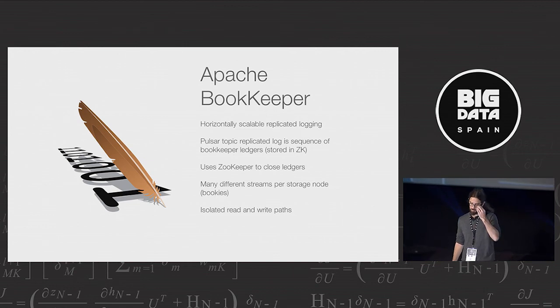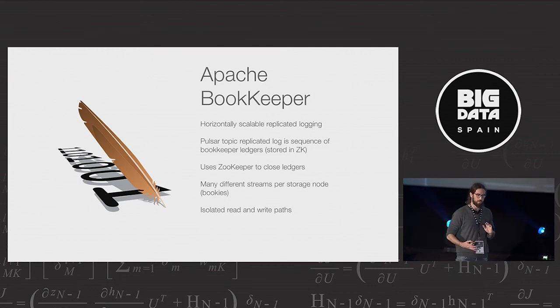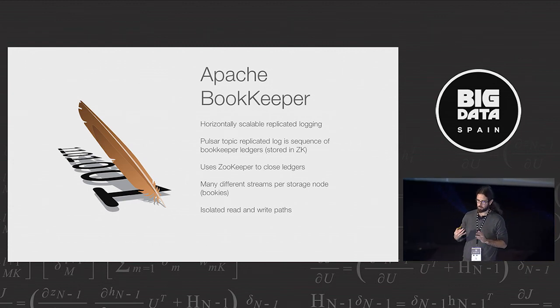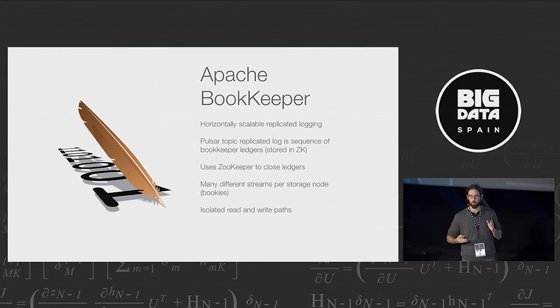So Bookkeeper also has some other very nice features which are super useful if you have a messaging system. The storage nodes in Bookkeeper can take many, many streams of data which are being written to concurrently. Now, if you took a naive implementation of this, where you had each stream going to its own separate file on the file system, you'd end up doing a lot of random writes.